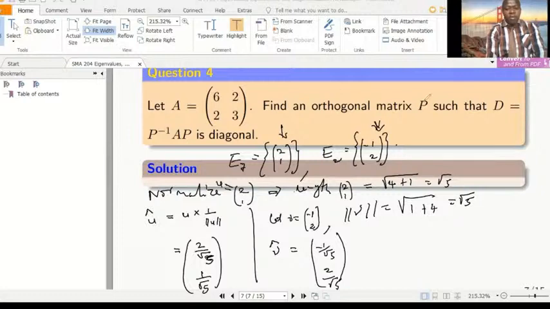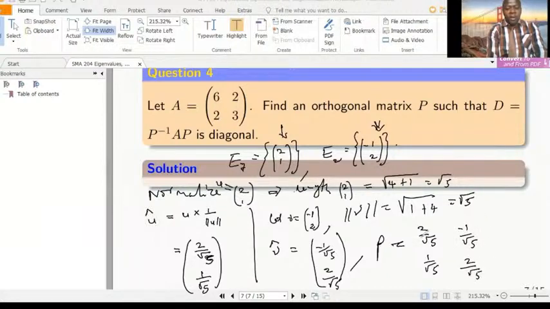So P, the orthogonal matrix, and you remember the word orthogonal matrix. P will now be the matrix formed by these normalized eigenvectors arranged in column form. So this will be 2 out of root 5, then 1 out of root 5, and this other one is negative 1 out of root 5, and 2 out of root 5.